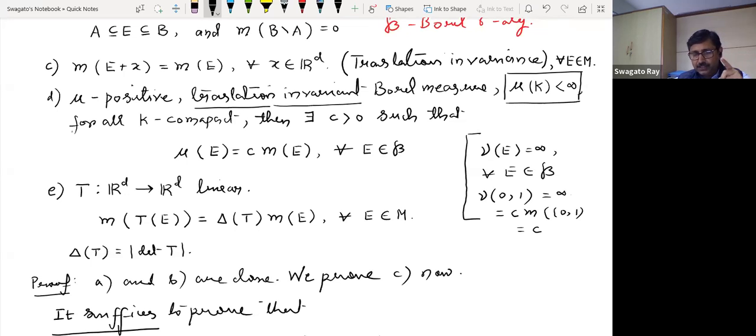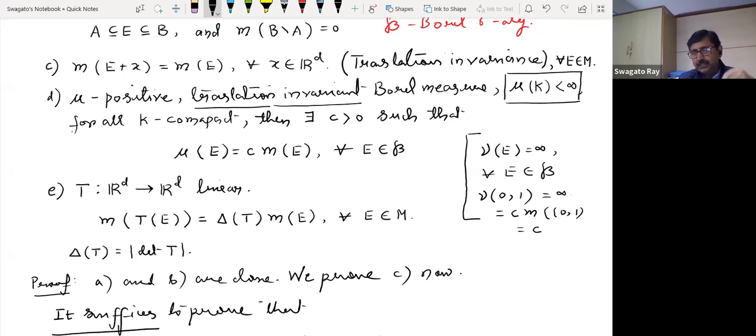So you don't want this measure to come in the scenario. You have to stop that, so you have to put a certain condition on this nu. What kind of condition would you like to put? Well, the kind of condition which Lebesgue measure has. Any compact set is a closed and bounded subset, so Lebesgue measure of any compact set is finite.